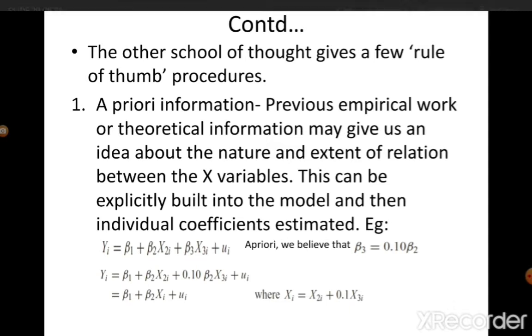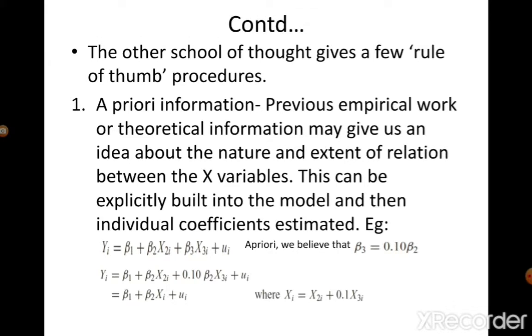So the net effect is that the model is yi is equal to beta 1 plus beta 2 xi plus ui, where your variable xi is a linear combination of x2i and x3i given in this manner, that xi is equal to x2i plus 0.1 times x3i.